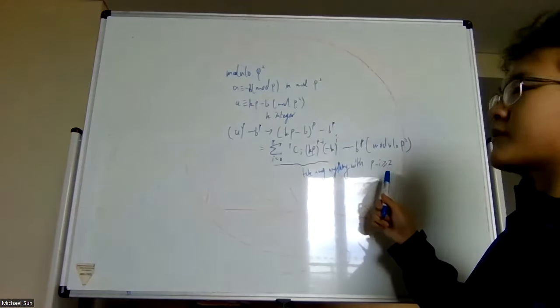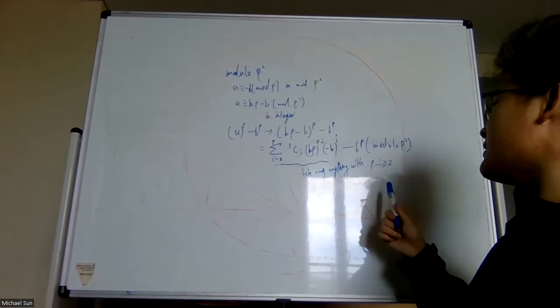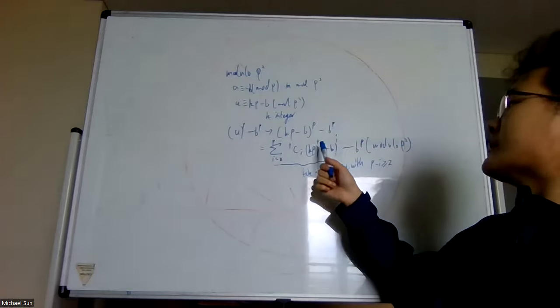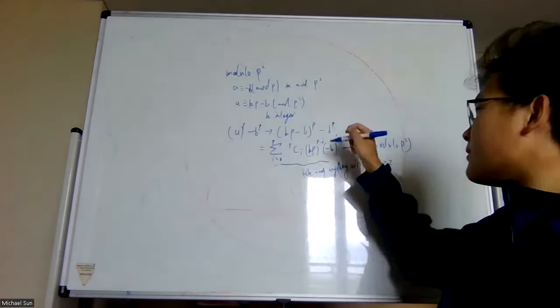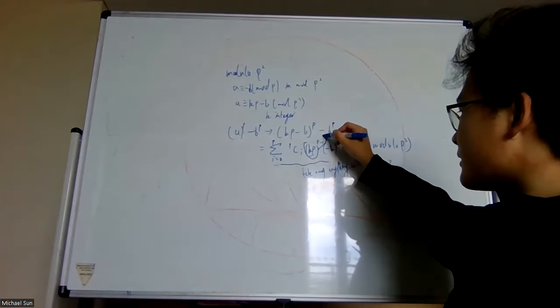This is true, right? Because if P minus i is greater or equal to 2, then this is going to be divisible by P squared. We're looking at this term specifically.